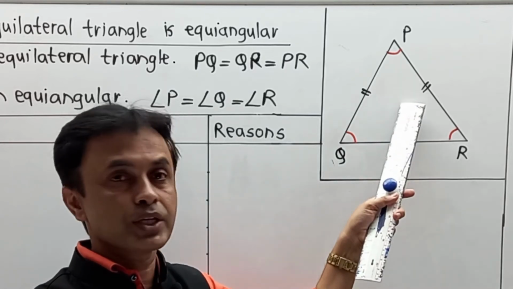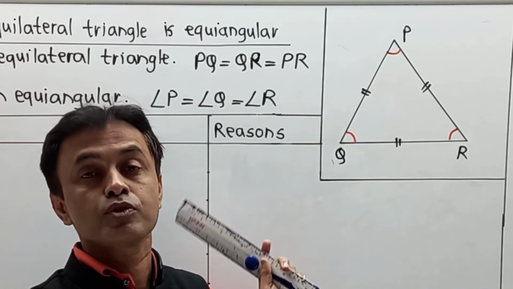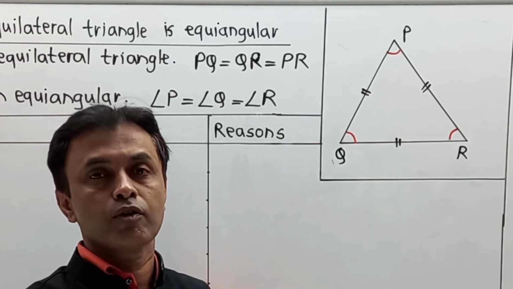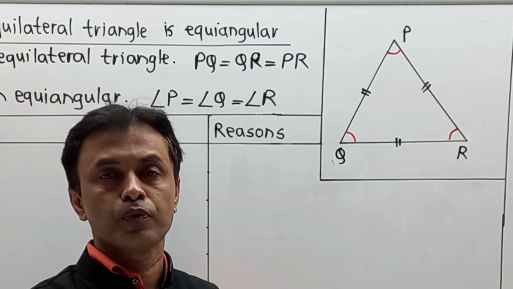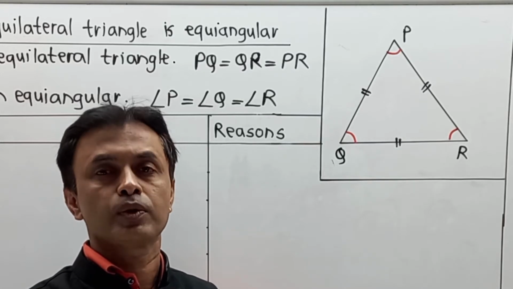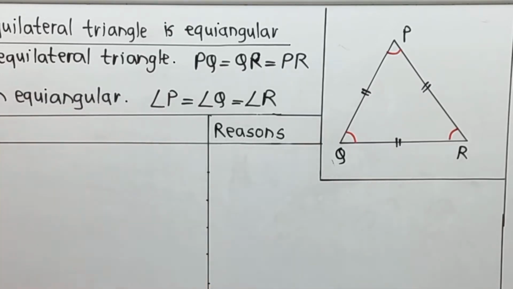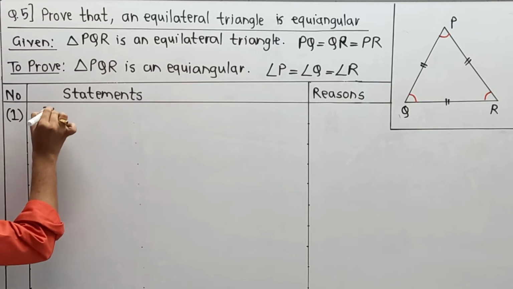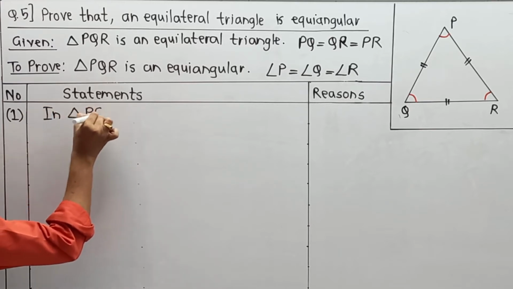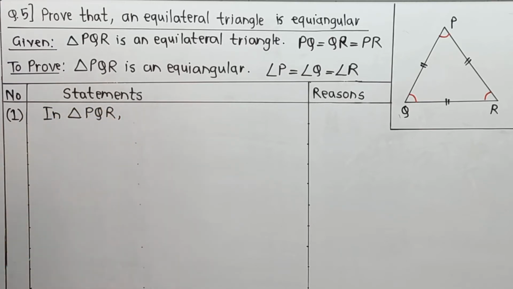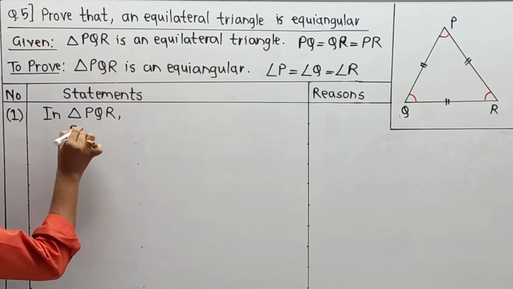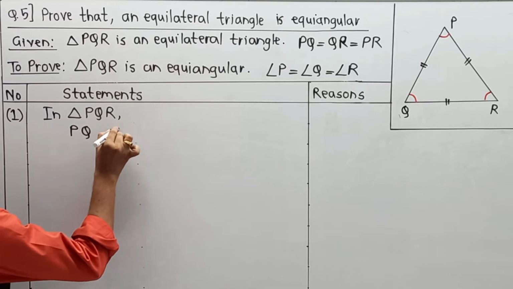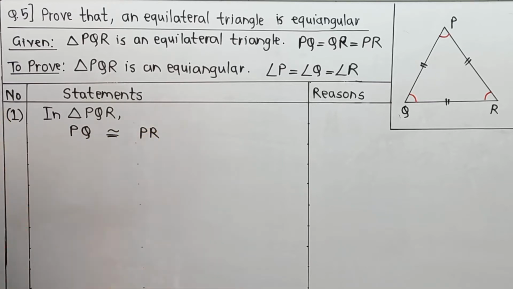As I explained, now I have to write it as a proof. So please pay attention to the writing style of the proof. No doubt we are going to create group 1, group 2, and from 1 and 2 we are going to write 3. So the first part: in triangle PQR, PQ is congruent to PR.